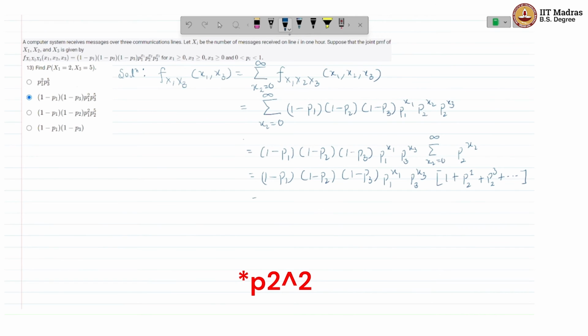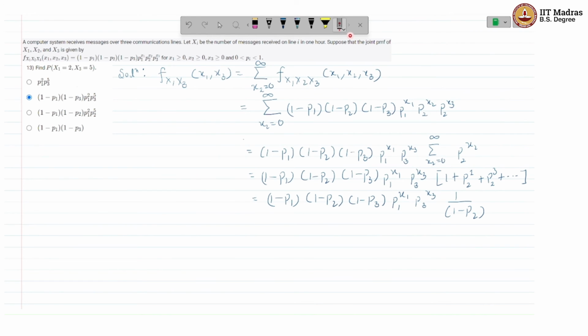Now we'll use the formula for the sum of an infinite GP. We will get (1 minus P1), (1 minus P2), (1 minus P3) times P1 raised to the power x1, P3 raised to the power x3, and by using the formula, this will become 1 by (1 minus P2). On further simplification, these two terms will get cancelled out.